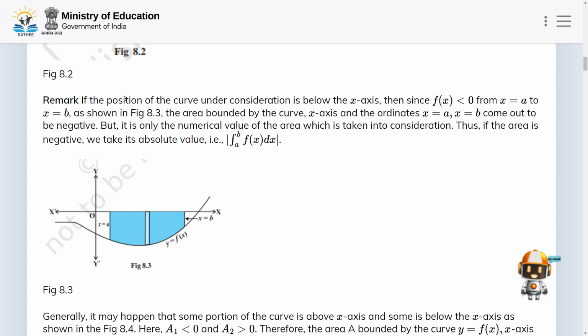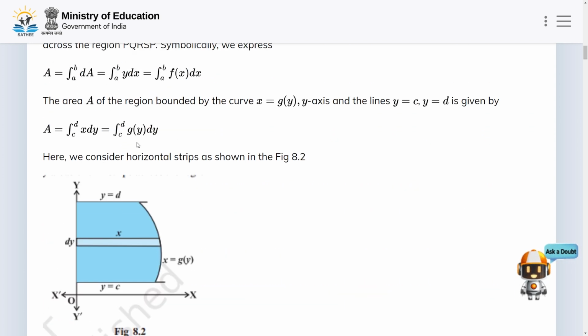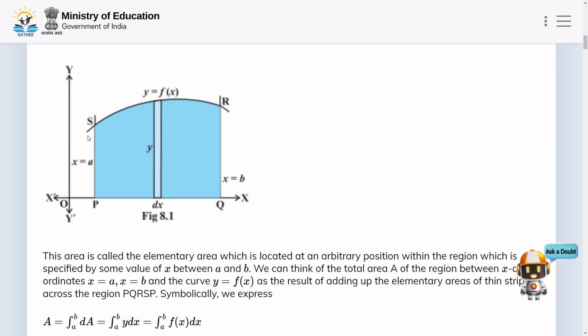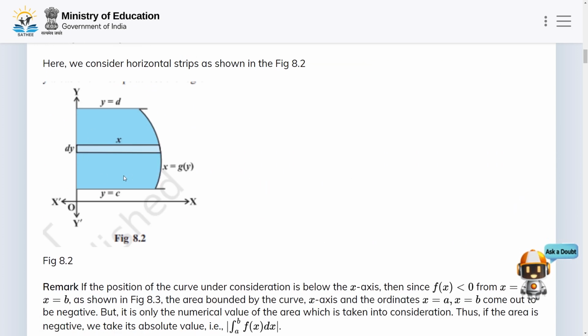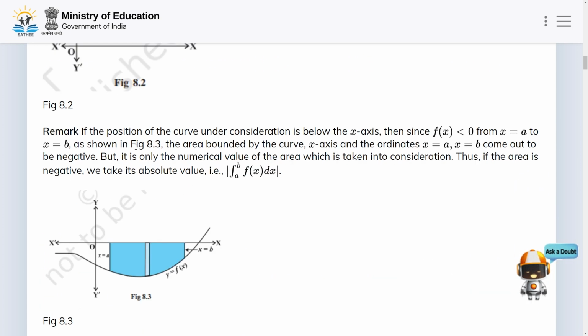So one remark also, if the position of the curve under consideration is below the x-axis. Suppose here your function f(x) is above the x-axis, in this case also above the x-axis. What if we consider our curve, our function, below the x-axis? Then what will happen? This means f(x) is negative.